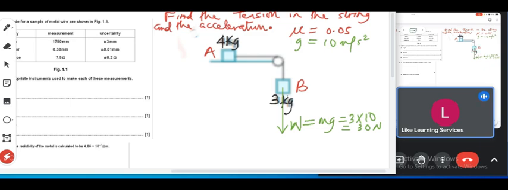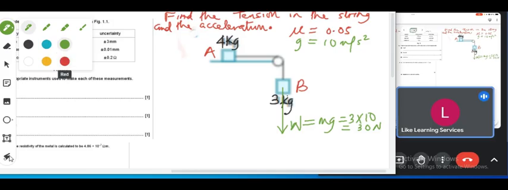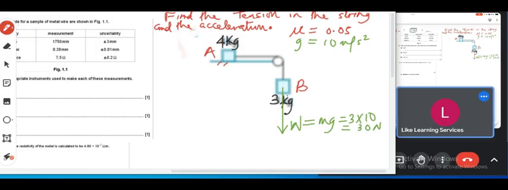And sometimes you would be told that the surface is smooth, so do not consider friction. But here, the coefficient of friction is given, so this surface is not smooth. But the pulley is always assumed to be smooth, so you don't have to apply any other thing there.